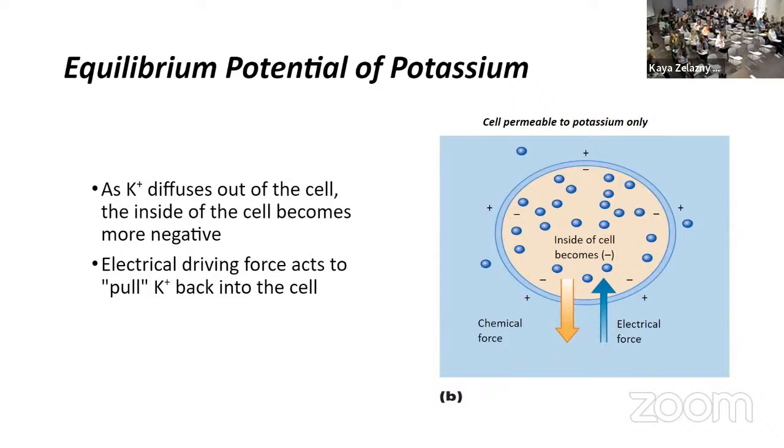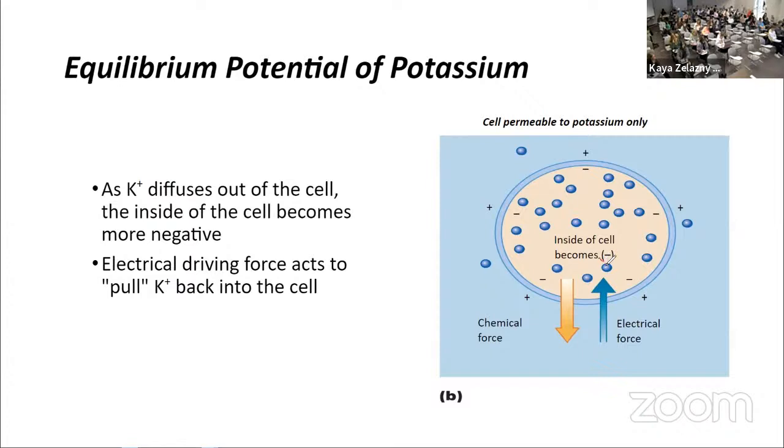As the inside of that cell is becoming negative, we remember that negative charges attract positive charges, right? So opposites attract. As the cell becomes negative, we start to have an opposing force to that chemical force: an electrical pull for potassium to come back in.